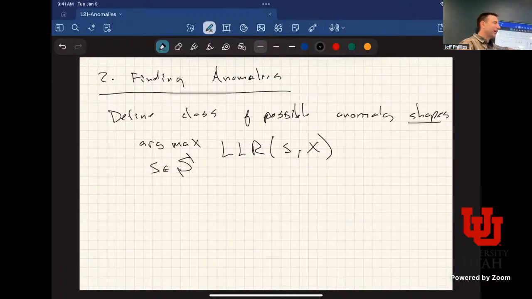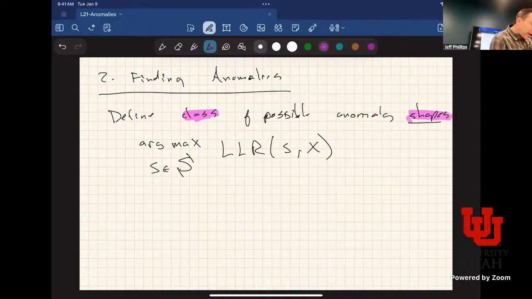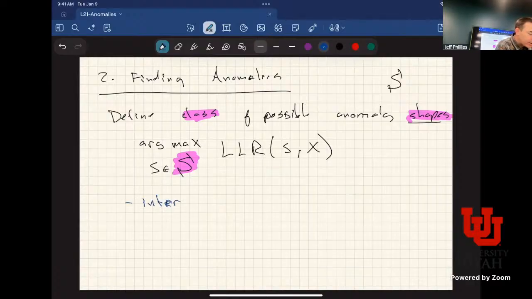This tells me what is derived from what I expect the data to look like, but then I need to define a class of shapes, and that's what this script S is supposed to be. So there's some family of shapes. These could be intervals in a time series. Maybe these are the days of the week.